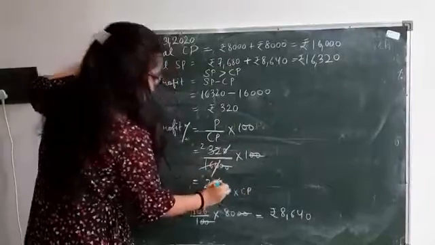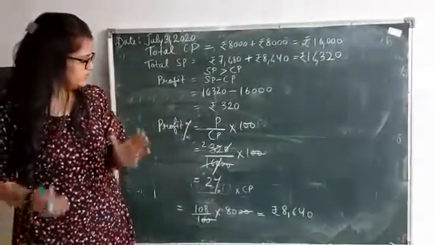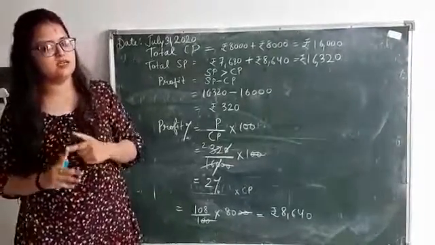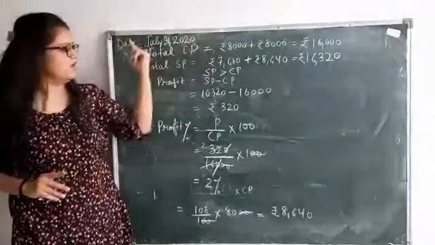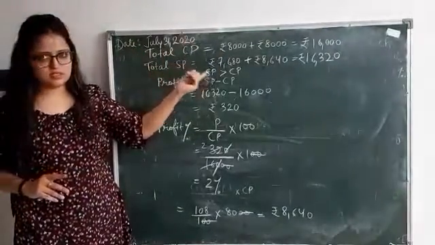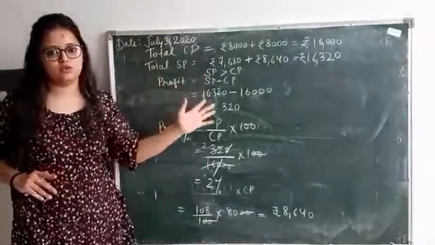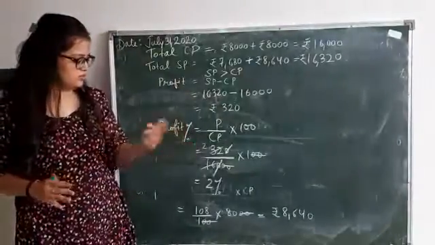So there is a profit of 2% on the whole transaction. What we have done here, firstly find out the selling price of VCR, then find the selling price of TV, and then add both the cost prices, add both the selling prices, and then compare them to check whether it's a profit case or loss case. So it was a case of profit, then find out the profit percent.